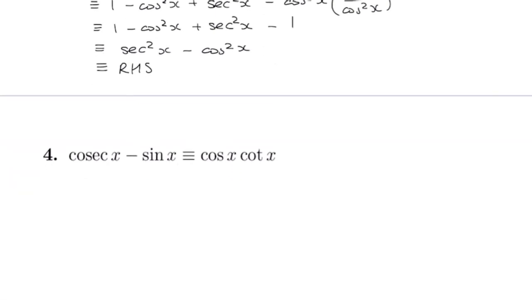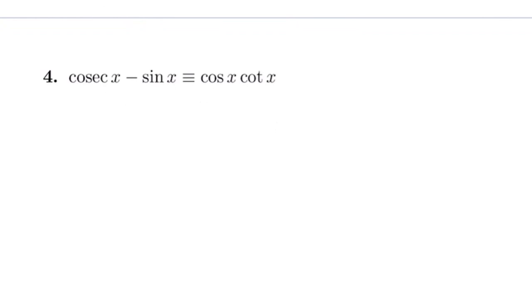Okay, let's have a little look at the fourth one then. And the fourth one is saying to us cosec x minus sine x is identical to cos x cot x. So again, I'm going to start with the left hand side, which is cosec x minus sine x. I'm going to write those in their other form, and it's always a good idea to keep an eye on what you're heading for.